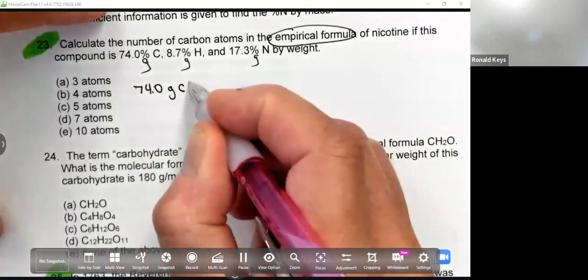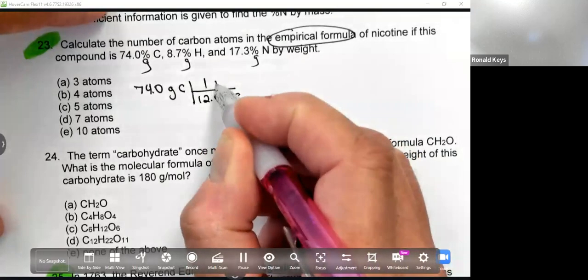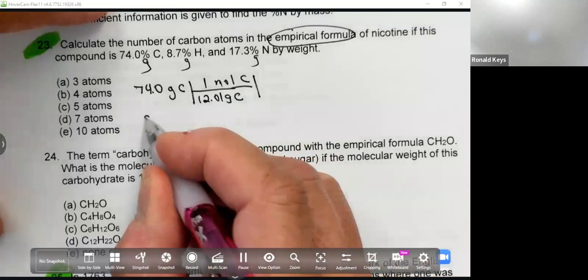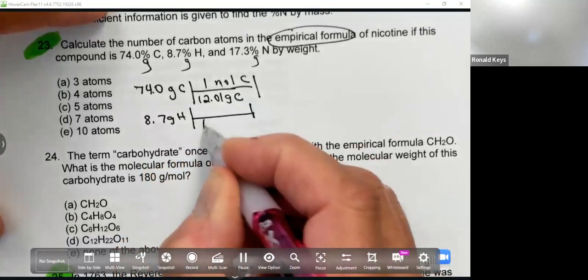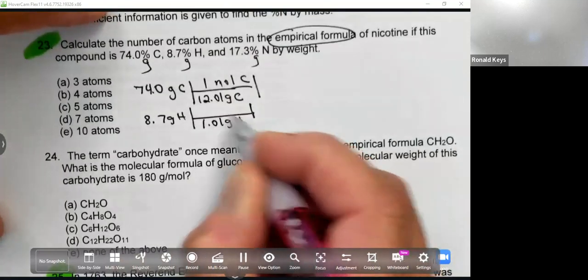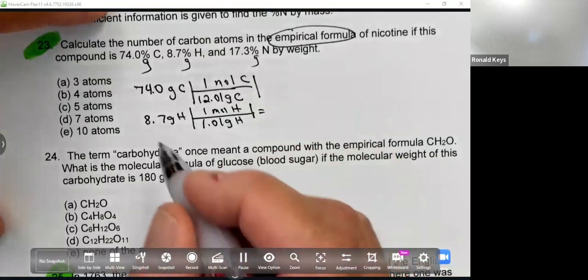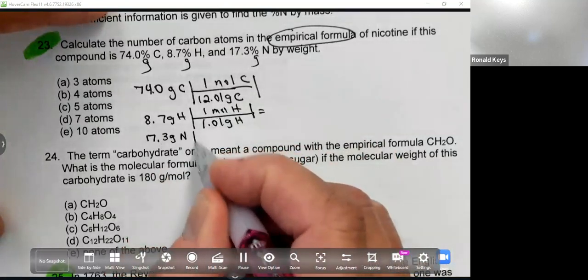So we've got grams of carbon, 12.01 grams, 1 mole. I'm going to write this smaller now, 8.7 grams of hydrogen, 1.01 grams of hydrogen and 1 mole of hydrogen, and 17.3 grams of nitrogen.